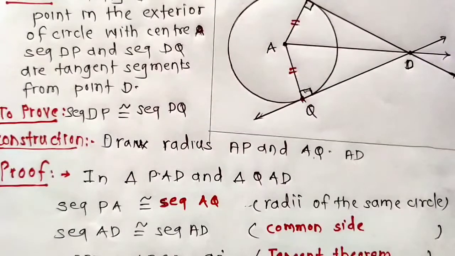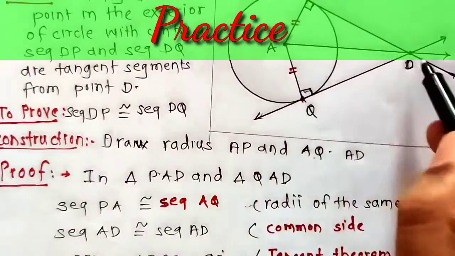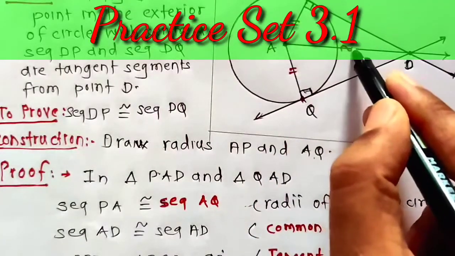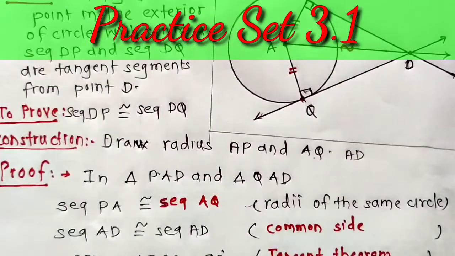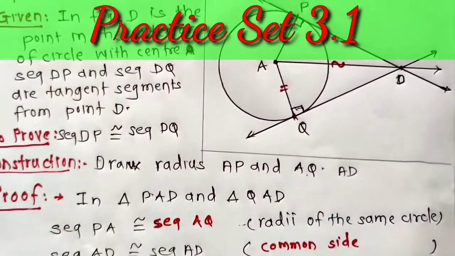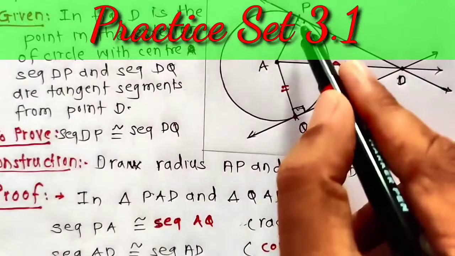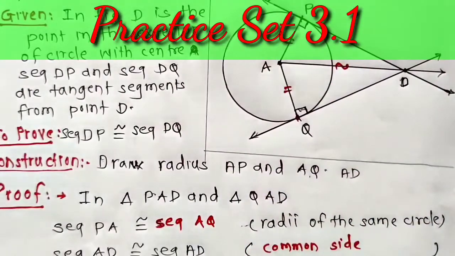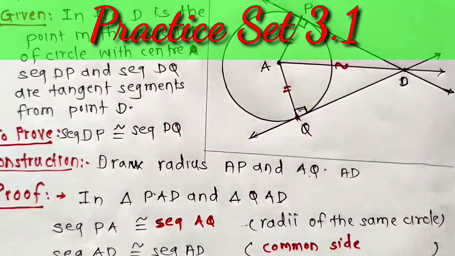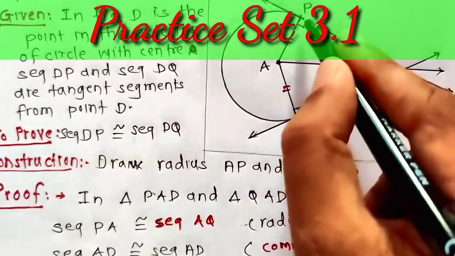Therefore, in triangles PAD and QAD, here it is the common side, and these two are the radii of the circle. So by which test are triangles PAD and QAD congruent? One is the hypotenuse and this one is a side.